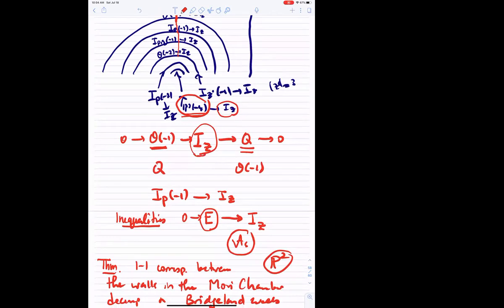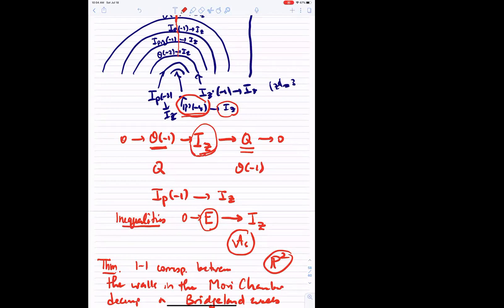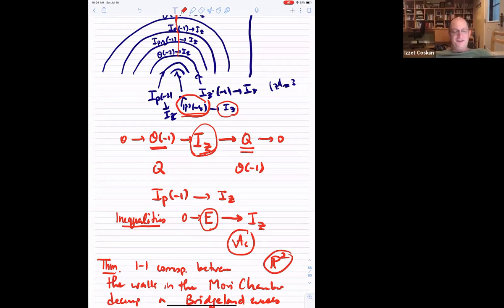But if everything is in the destabilized locus, that means everything is given by an extension like this. What can happen is that all sheaves get destabilized at some point, but then you have these complexes that are stable on the other side. That can happen in the K3 case.